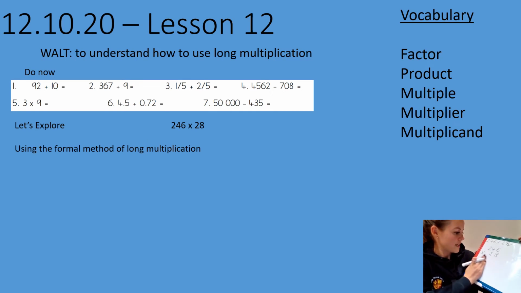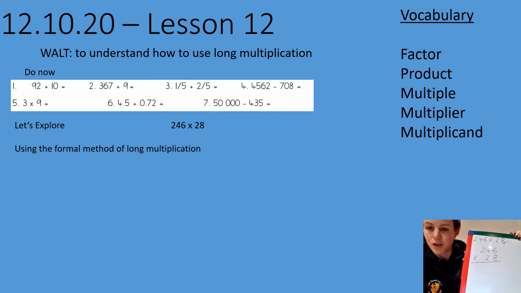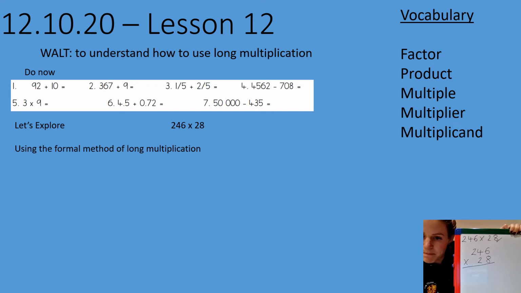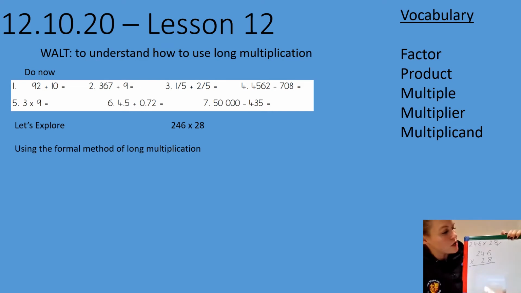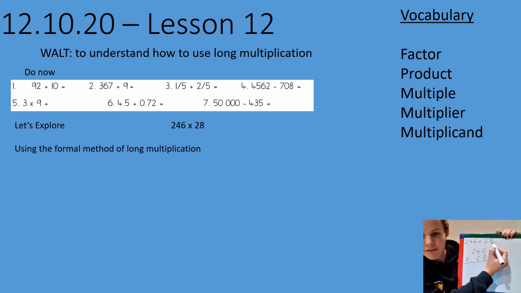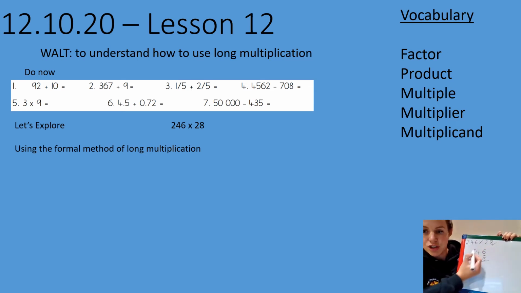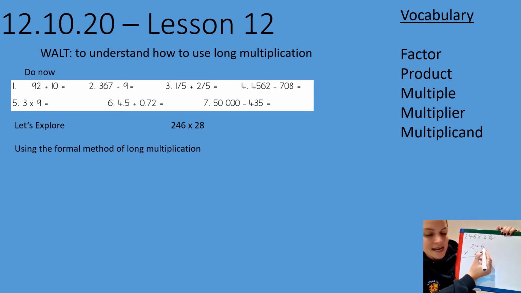Okay, so if you're looking at this part of the slide, this is because you're feeling confident with long multiplication and we want to have a go at working it out as a formal method altogether. So I'm starting with multiplying everything by 8, and I'm going to just use this one method here. 6 times 8, I know, is going to be 48.